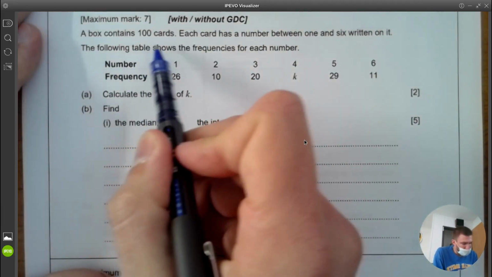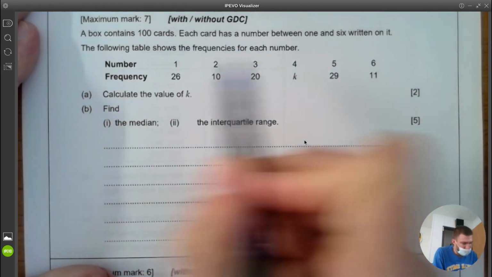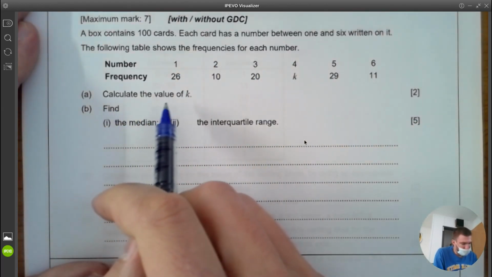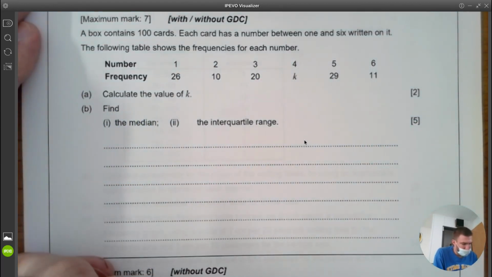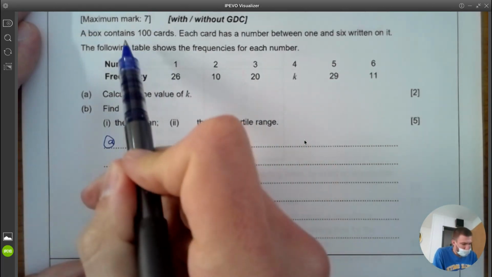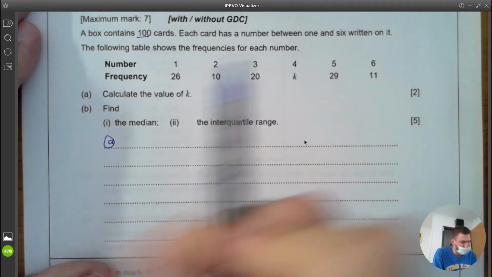The box contains 100 cards. Each card has a number between 1 and 6 written on it. 1, 2, 3, 4, 5, 6. The following table shows the frequency of each number. Calculate the value of K. Okay, this should be pretty easy. We've got 100 cards. A couple 1s, 2s, 3s, 4s, 5s, 6s.